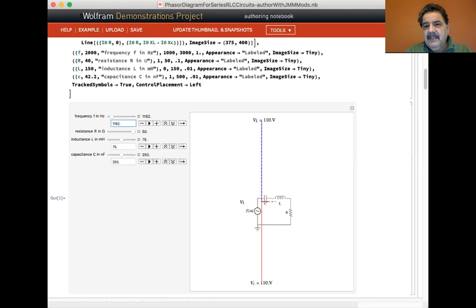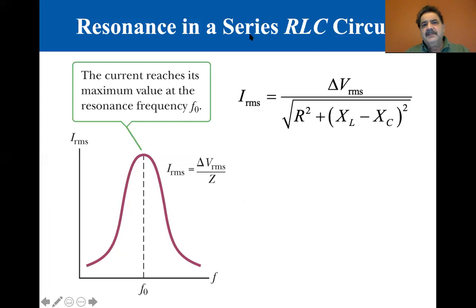Okay, now let's look at, well, let me go back before I show this. Let's go back to the PowerPoint, which is right here, and we're talking about resonance in a series RLC circuit. The current reaches its maximum value at the resonant frequency f sub 0. That is where X sub L equals X sub C, and all we have is a purely resistive impedance.